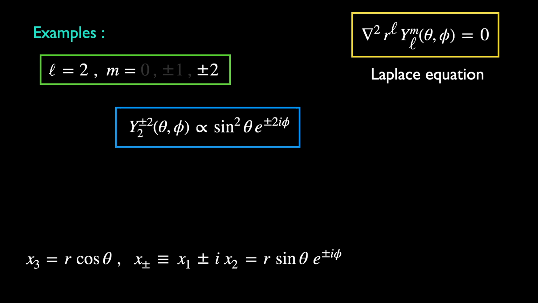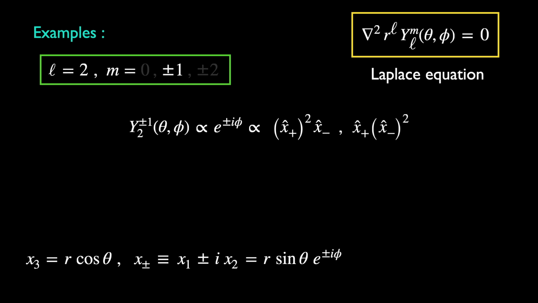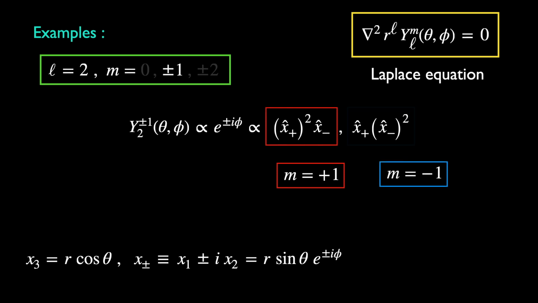Moving on to m equals plus minus 1. Based solely on the values of m, Y must be proportional to the wave function. At this point, we could make the following guesses. For m equals 1, could we have two factors of x plus and one factor of x minus, and for m equals minus 1, just the other way round?